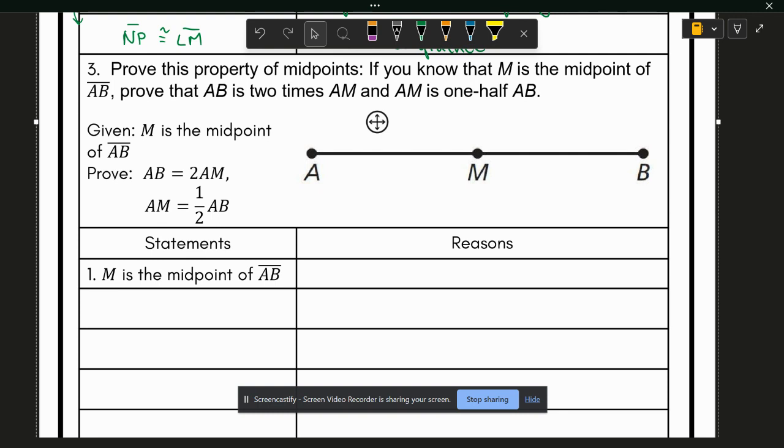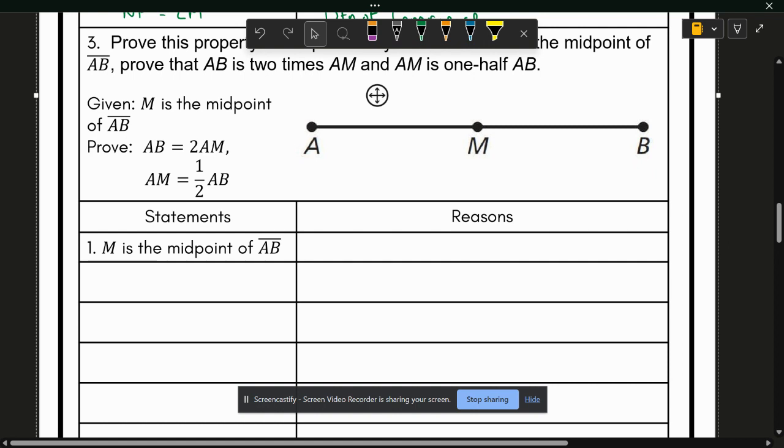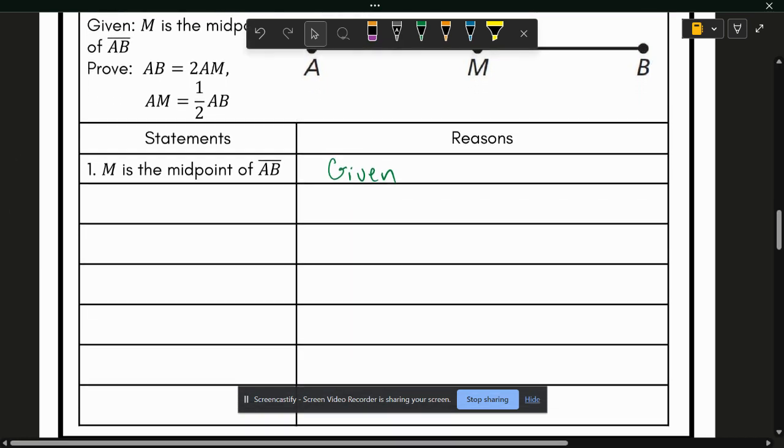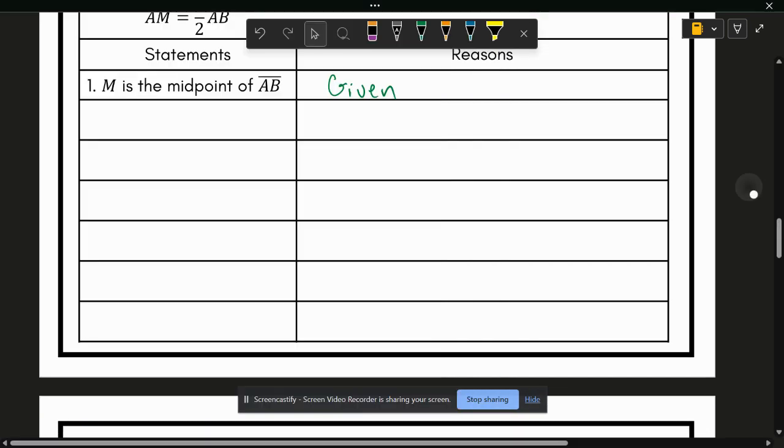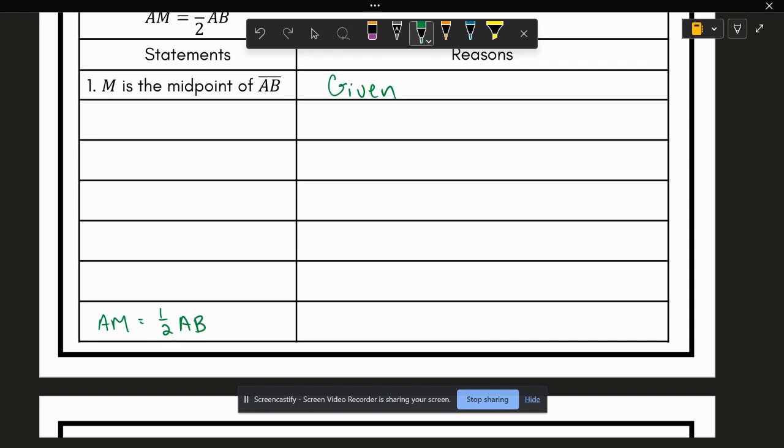Okay. So the first thing that we're looking at here is the given. What we are trying to prove at the very end is that AM is 1/2 of AB. That's what we're trying to get to.